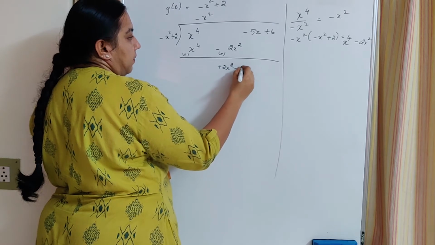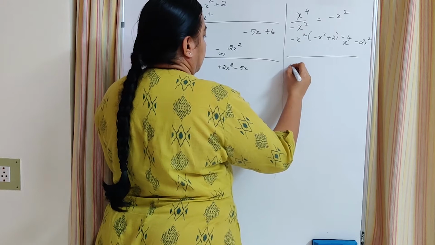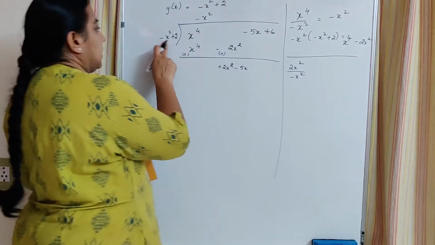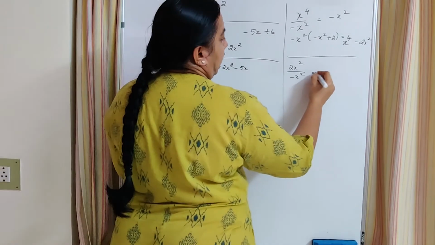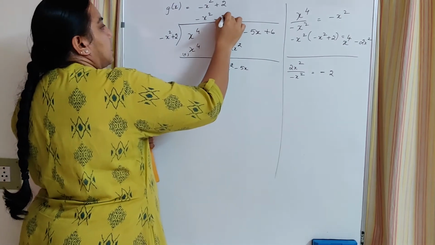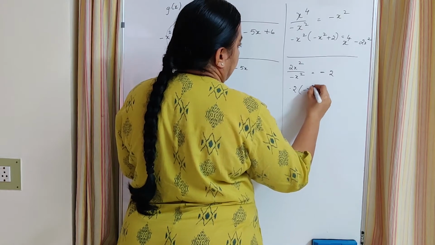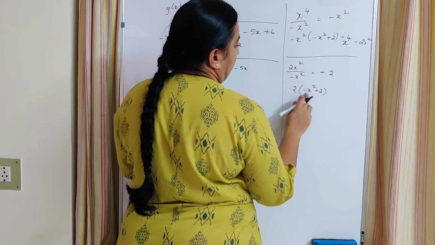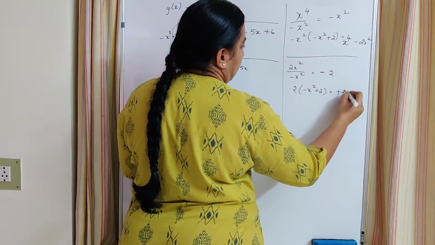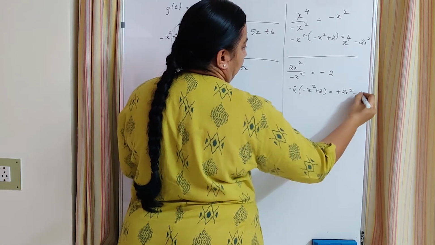2x square minus 5x, then again 2x square divided by minus x square. This first term, so minus x square. The answer is minus 2. x square and x square get cancelled. Minus 2. Then minus 2 into minus x square plus 2, and this multiplies to be minus into minus, plus 2x square, minus into plus, again minus 2 2s are 4.